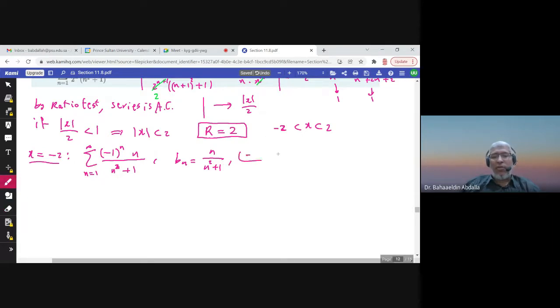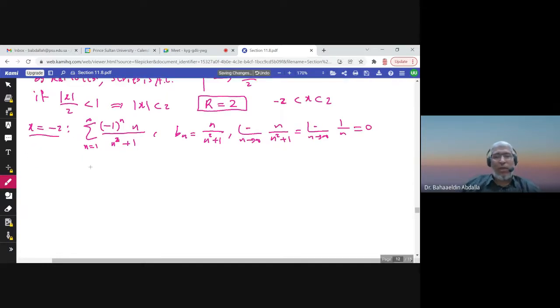And the limit of Bn when n goes to infinity would be the limit of 1 over n when you take the highest power from the denominator, and this is 0. And I need to check where the function is decreasing. So I'll find the derivative.